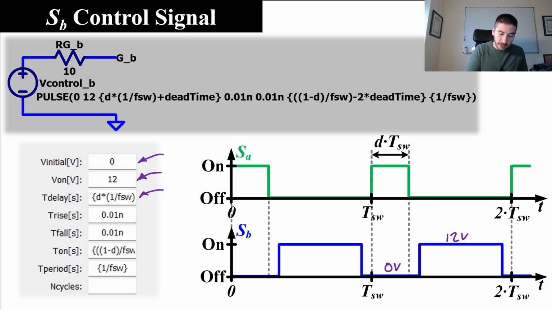Then we have time delay. In this representation, time delay is this, the amount of time between 0 and the rise of the control signal. Let's choose the value we have to put. We know that this interval is d times the switching period, and this interval is a dead time.